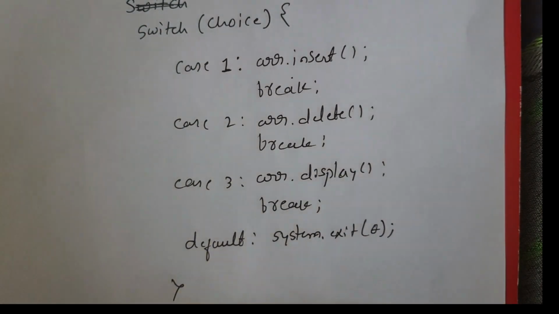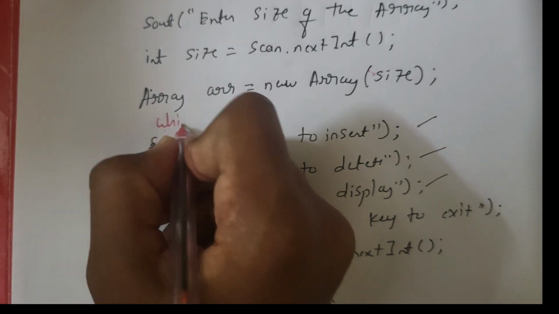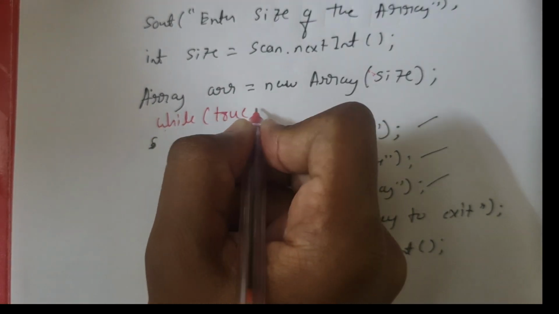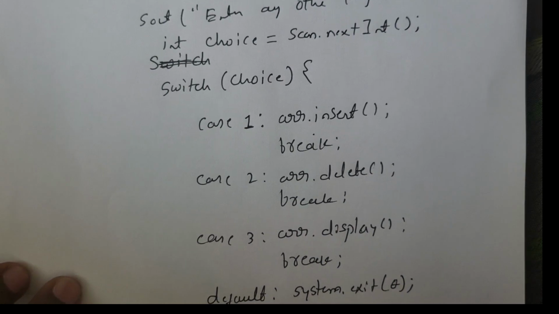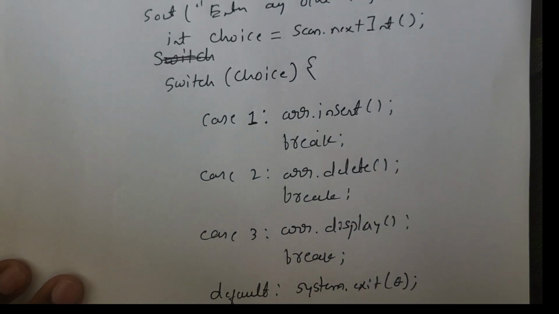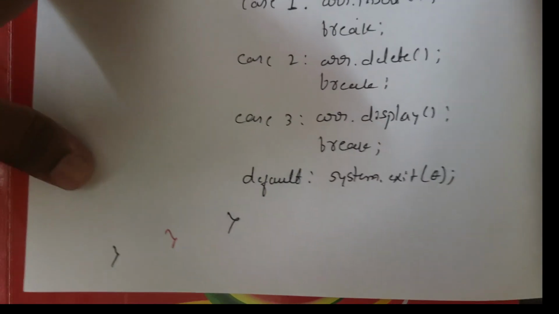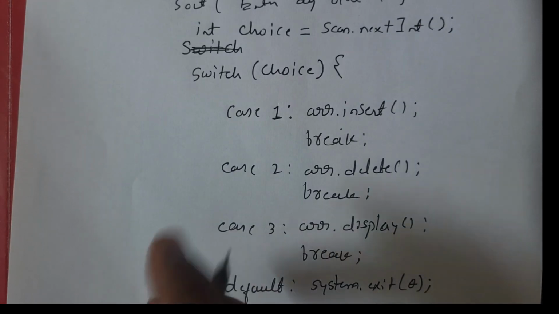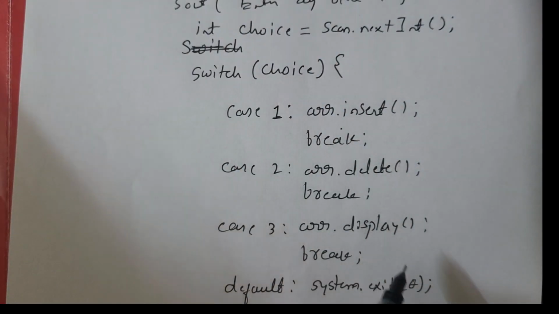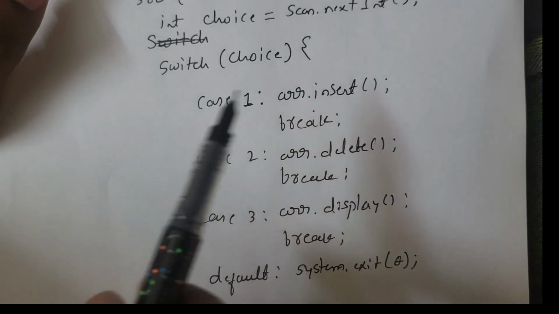So what we will do, we will write here while true. They should get continually executed until the user has entered any other key and exit. Now the user can call insert, delete, display, and until the user wants to exit, the program should not get closed.